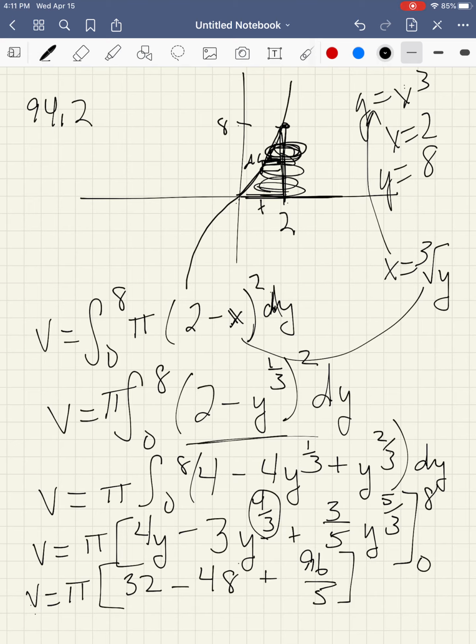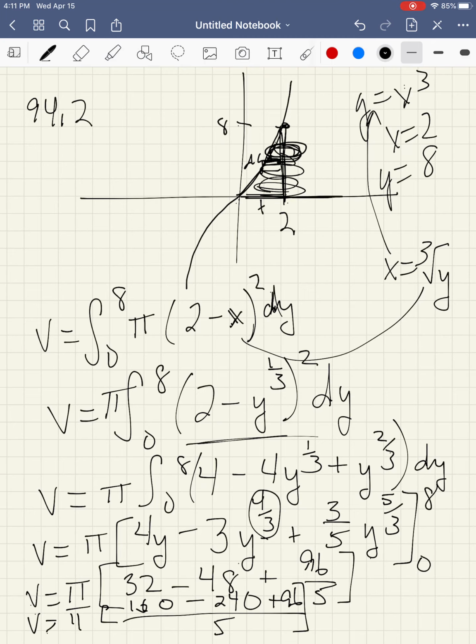So if we get a common denominator and add these, that would be pi times, this would be 5 times 32, so that would be 160. Minus 5 times 48 is 240, plus 96, all of that over 5. So what does that come out to?